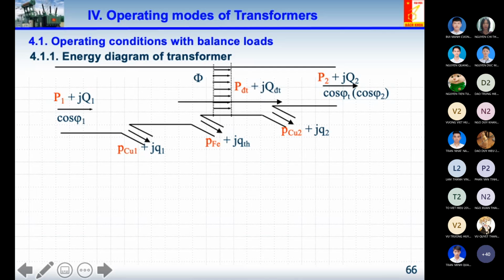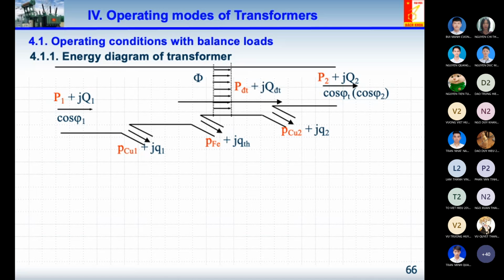So why that? Normally the designer, the operator and also the researcher expect that the output of the transformer, of any electrical machine, is approximately equal to the input energy.